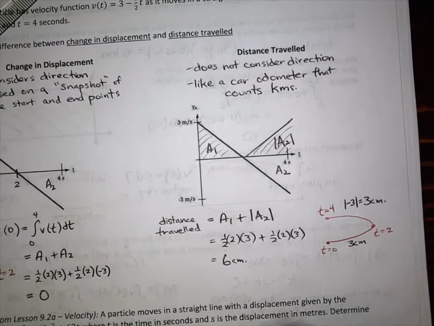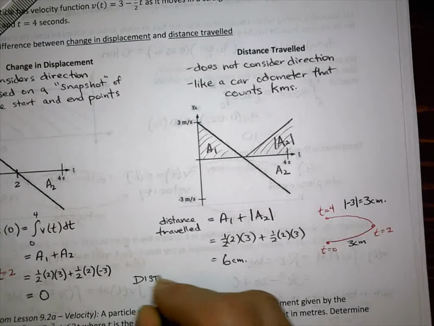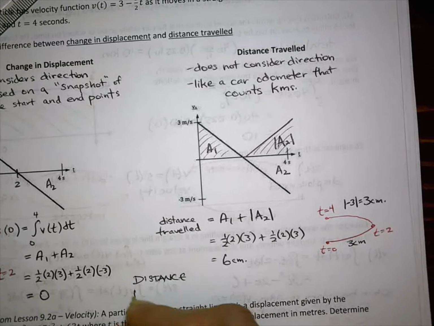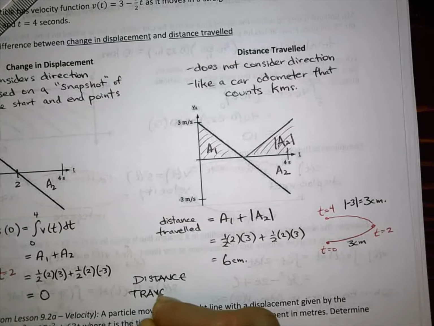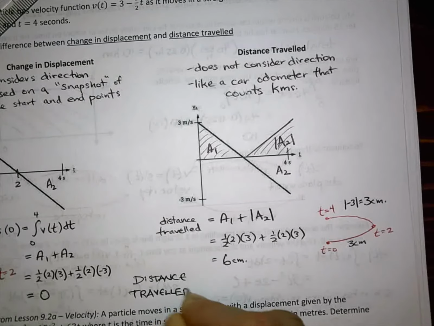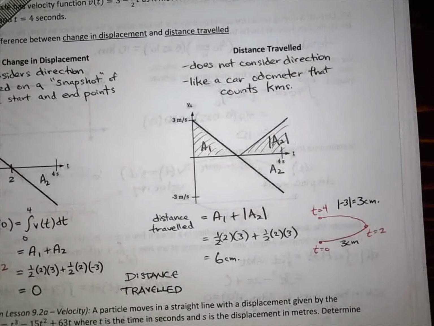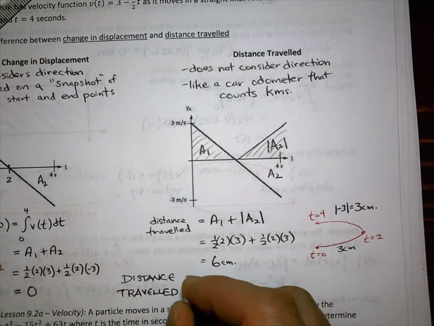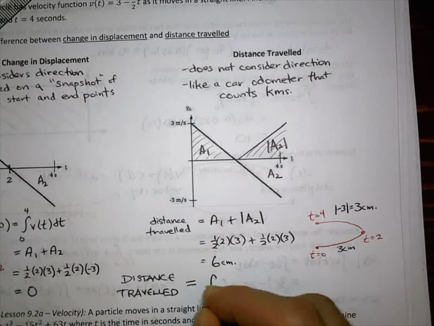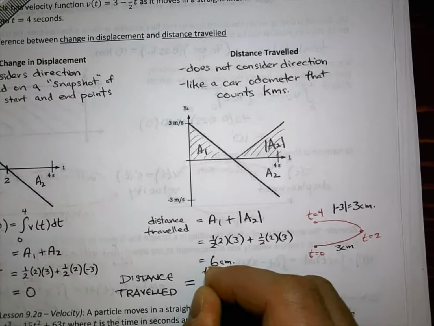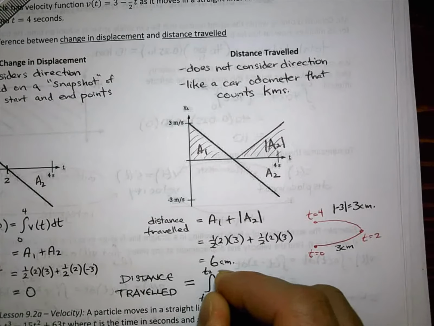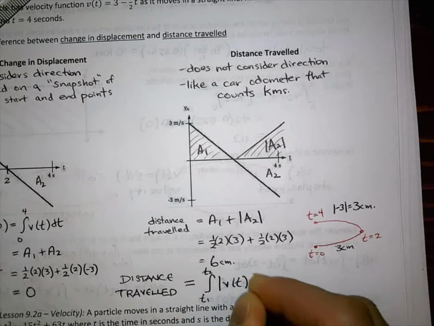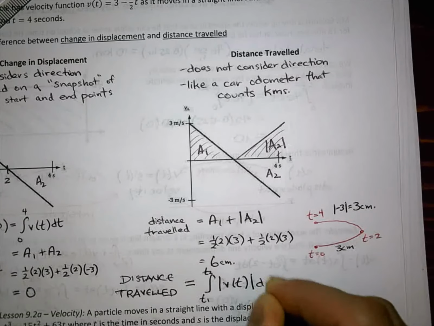Okay, the formula for distance traveled. And just for the record, in British English and thus Canadian English, traveled has 2 L's, so you haven't made a mistake. Don't spell it the American way. The formula for this is the integral from t1 to t2 of the absolute value of v(t) dt.